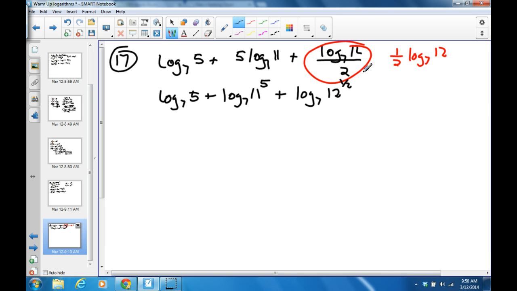Now what happens to all these? These are all going to be multiplied. So it'll be 5 times 11 to the 5th. 12 to the 1/2 is the same as saying what? Square root of 12. And that's the condensed form of this.